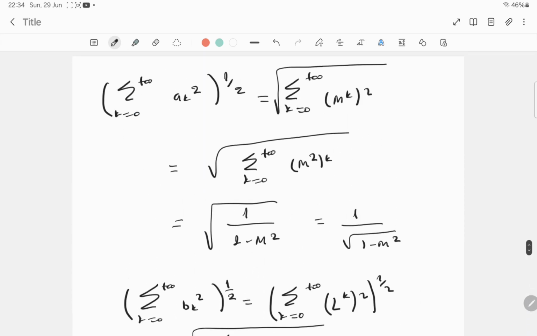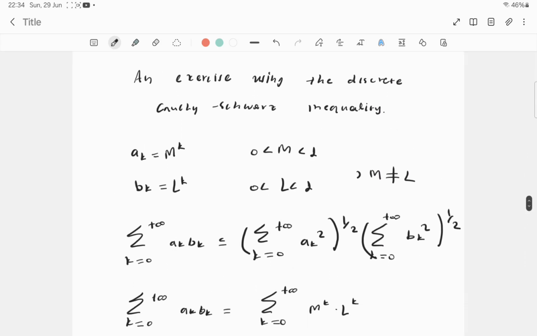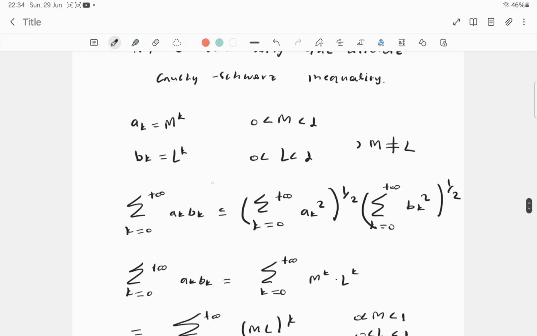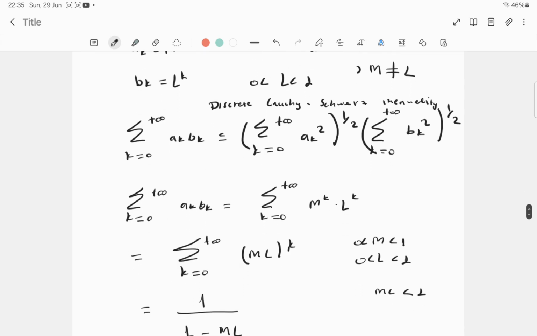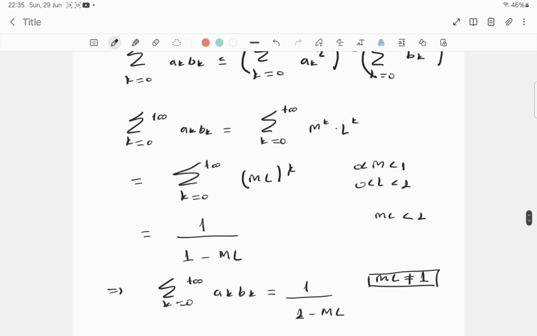So this is a nice exercise because we can obtain a lot of various inequalities by using this. This is the discrete Cauchy Schwarz inequality. And basically, by using these sequences where m and l are quantities strictly less than 1, the left hand side of the inequality is an infinite geometric series which we can compute explicitly.